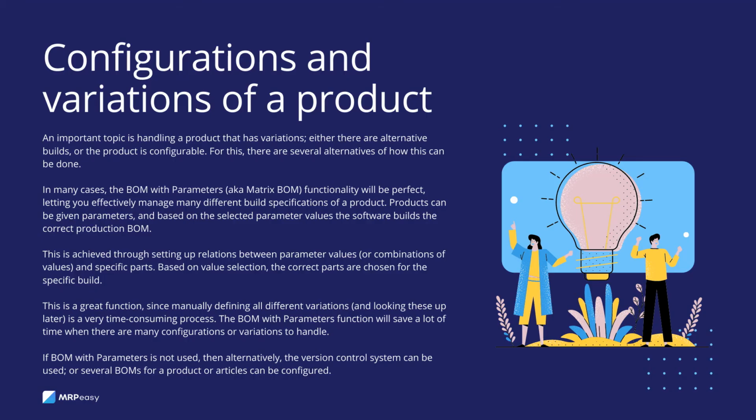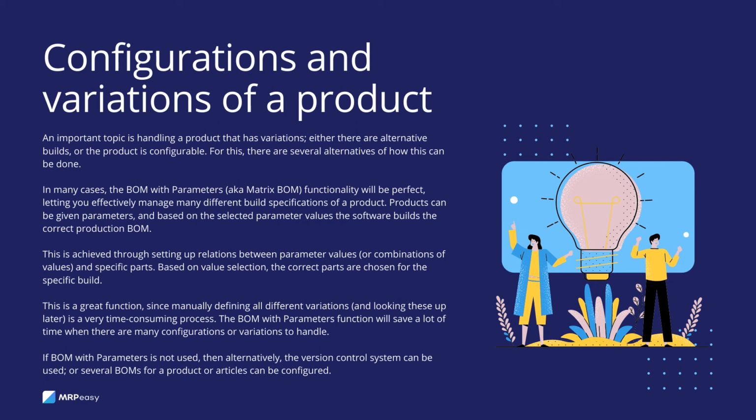An important topic is handling a product that has variations. Either there are alternative builds, or the product is configurable. For this, there are several alternatives of how this can be done. In many cases, the BOM with parameters, aka matrix BOM, functionality will be perfect, letting you effectively manage many different build specifications of a product.